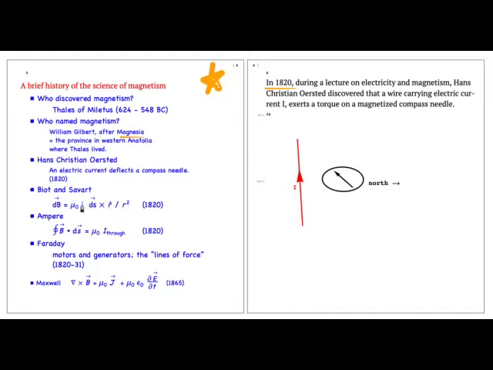So mu naught here is a universal constant, which depends on the system of units. So mu naught is just a constant of nature. It's called the permeability. It's really called the permeability of empty space, or the permeability of vacuum.